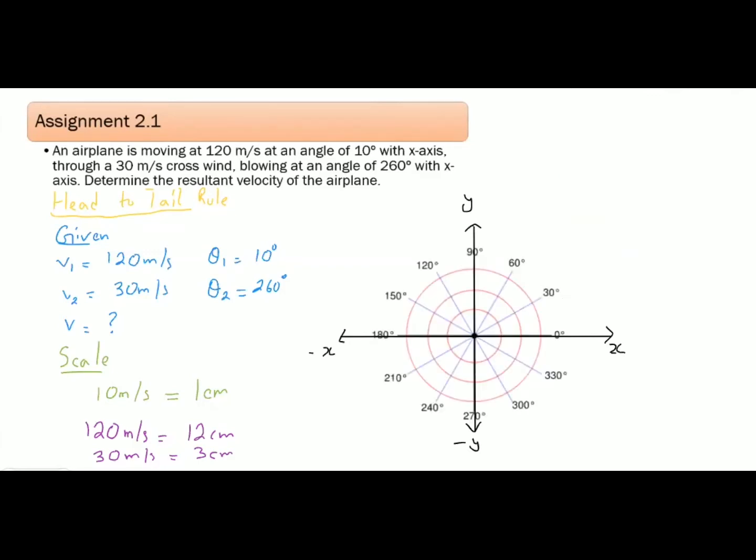Now let us first draw the vector v1 having the magnitude of 120 meters per second, which is equal to 12 centimeter, and it is going to make an angle of 10 degree with the positive x-axis. So first of all, we will draw the vector v1 starting from the origin, making an angle of 10 degree with the x-axis.